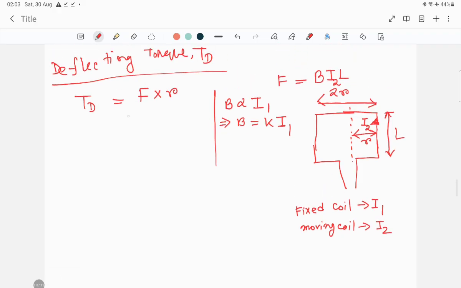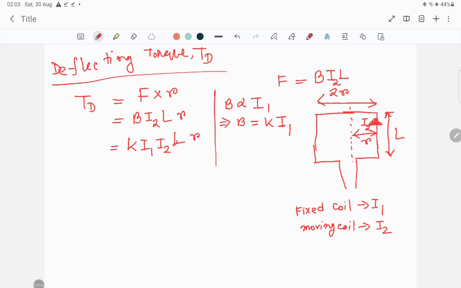So we know from the equation that it will be B I2 L. Then what is the value of B? B is nothing but K I1 I2 L. There is R, there is also R. So this is only for a single conductor.